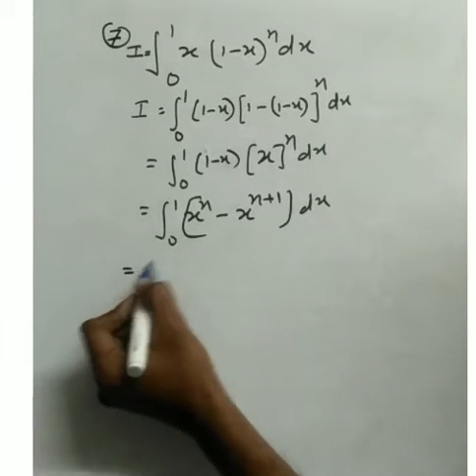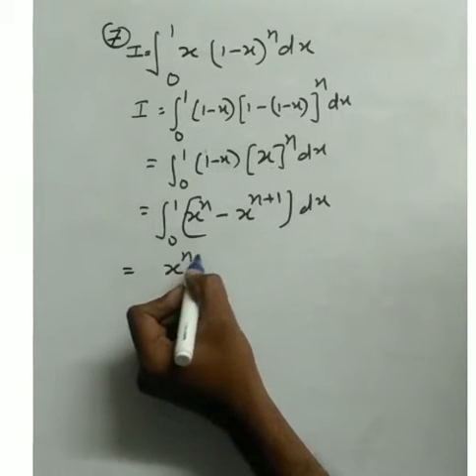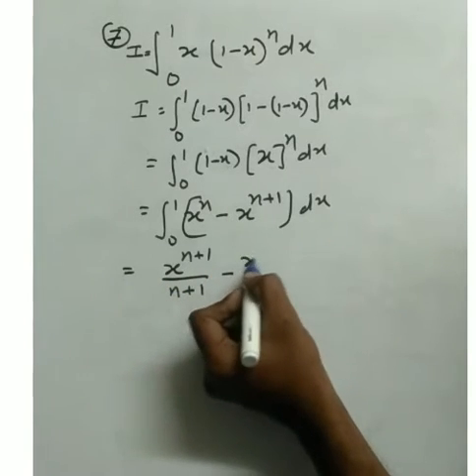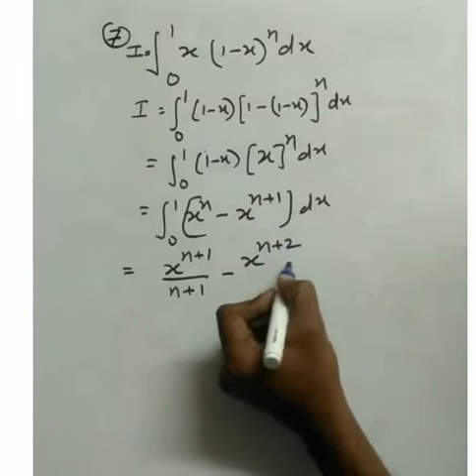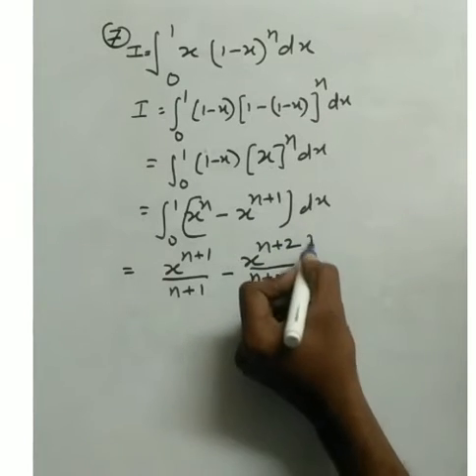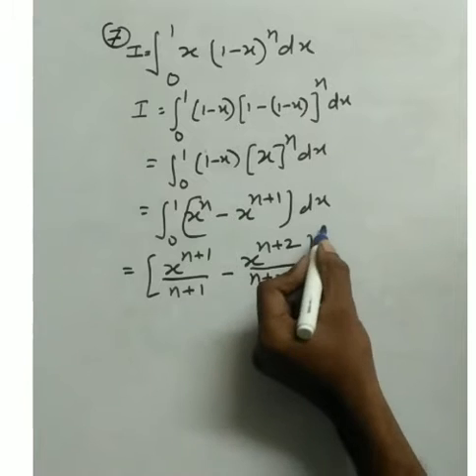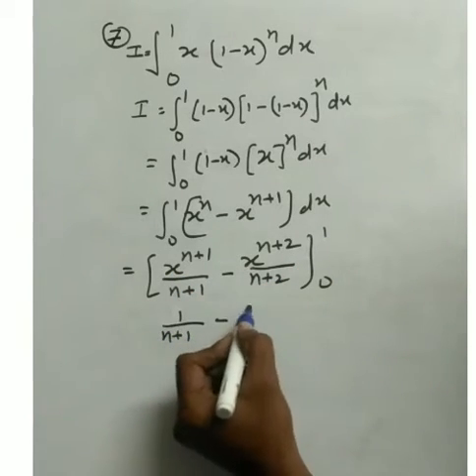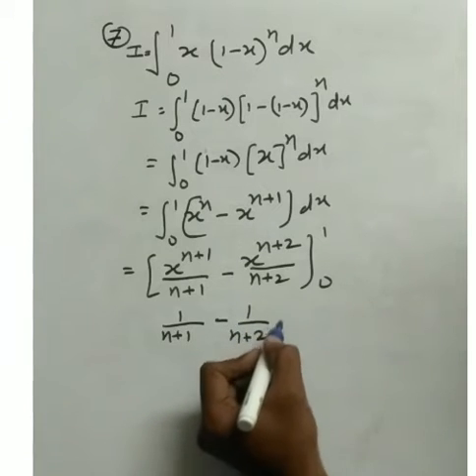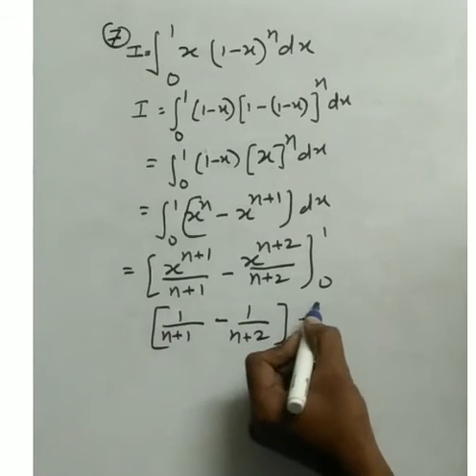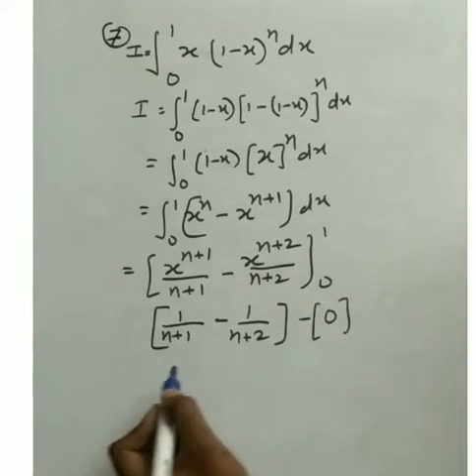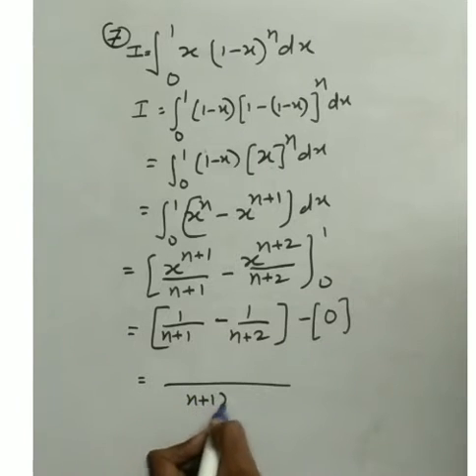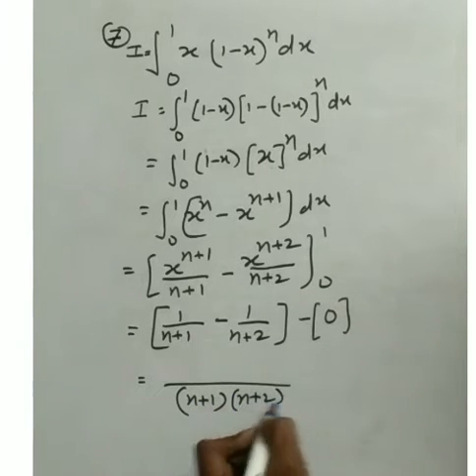Now integrate it. Integration of this will be x power n plus 1 upon n plus 1. Here the integration is x power n plus 2 upon n plus 2. Limit is from 0 to 1. Put one limit here: 1 upon n plus 1 minus 1 upon n plus 2. Minus the 0 limit, then we get 0. Take the LCM. n plus 1, n plus 2 is the LCM.